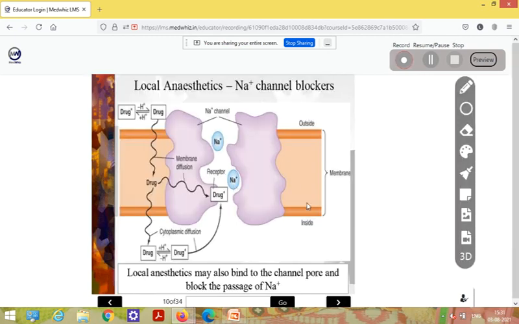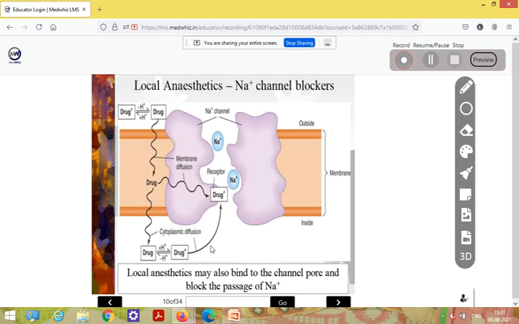So this is the sodium channel. I told you local anesthetics are your sodium channel blockers, isn't it? It is the unionized drug which is going to traverse through the membrane. And this drug, on reaching the inside of the cell, dissociates. So it is the ionized drug.